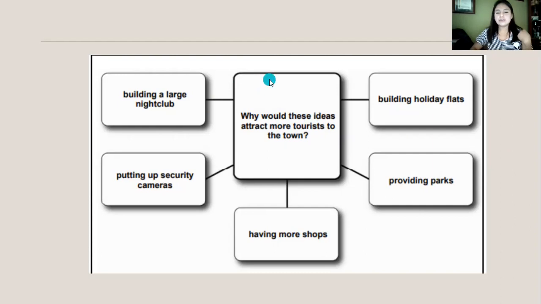So it will be, for example, a 2 minute conversation between you. And then, in the next part, the interlocutor will say, now you have 1 minute to decide which one of these ideas is better to attract more tourists to the town, for example, and you have 1 minute to decide on one of them.